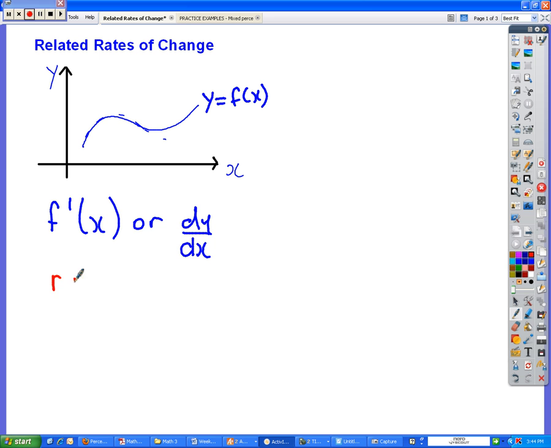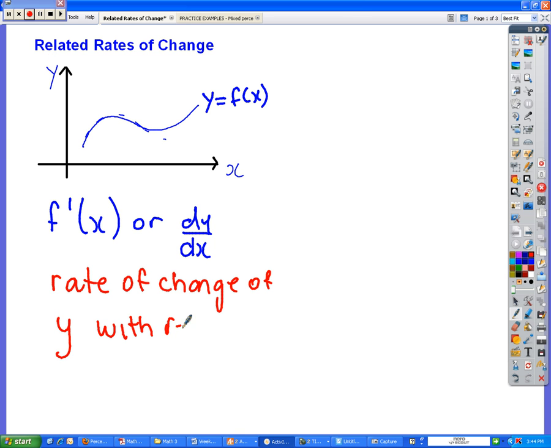So we can say this is the rate of change of y, so how our variable y is changing with respect to x.